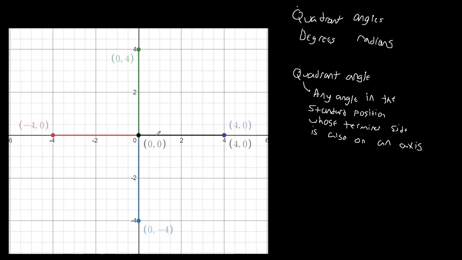Whose terminal side, again, that's the side that we measure to, starting at the initial side, we measure the rotation to the terminal side. We're saying the terminal side is also on an axis. That's a quadrant angle. So hopefully that makes sense. And we're going to talk about why that's important and what those mean in just a second.